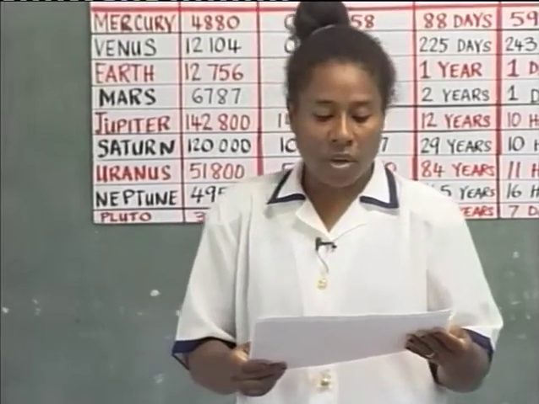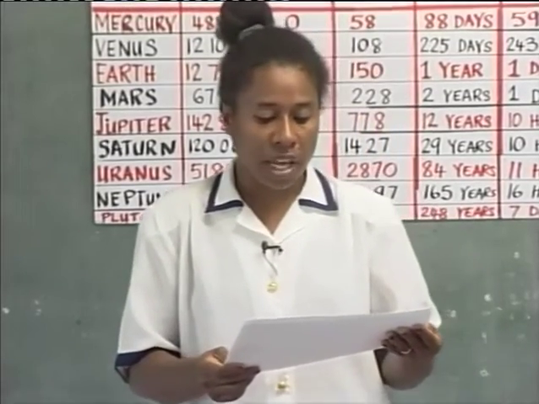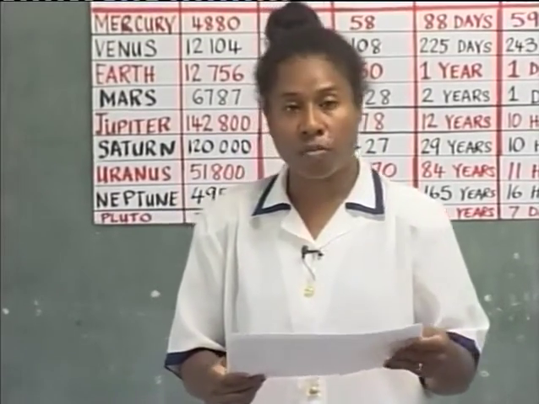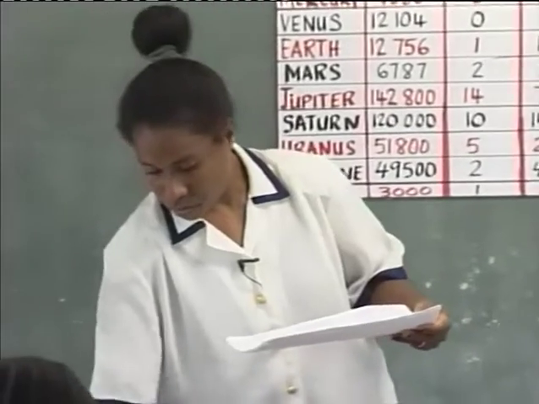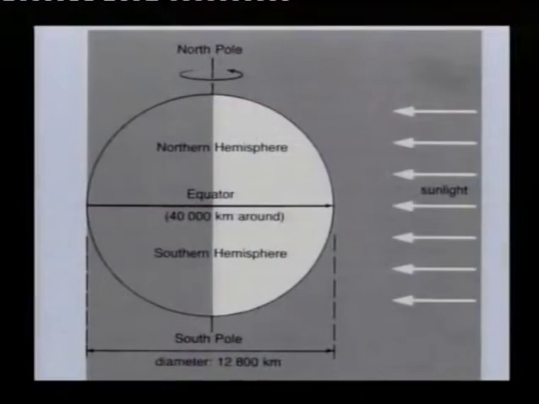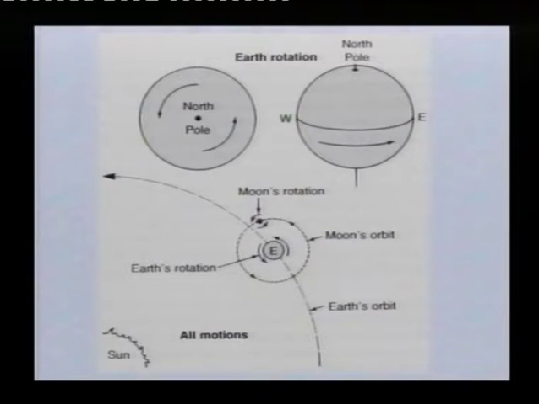By imagining ourselves looking down on the Earth from above the North Pole. Okay, we'll have to imagine now that we are looking down on the Earth from the North Pole. So if we can make reference to this diagram here.